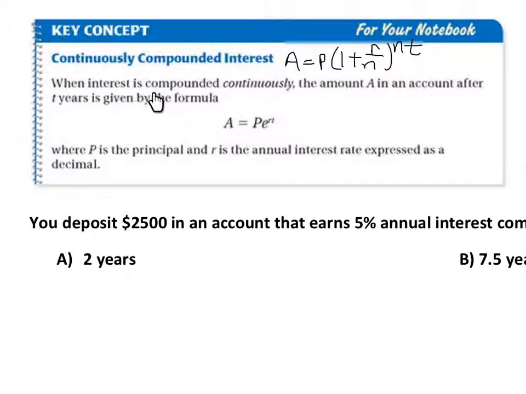When interest is compounded continuously, the amount A in an account after t years is given by the formula A equals P times e to the rt. When you think of continuously, think of that shampoo brand called Pert, because that'll help you remember this equation. P is the initial principal and r is the annual interest rate expressed as a decimal.